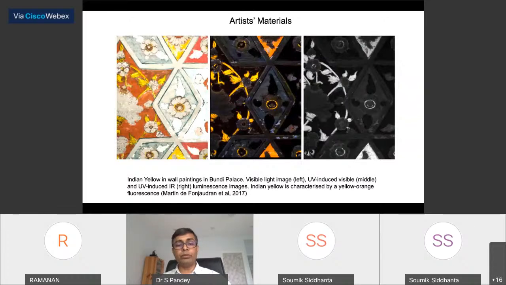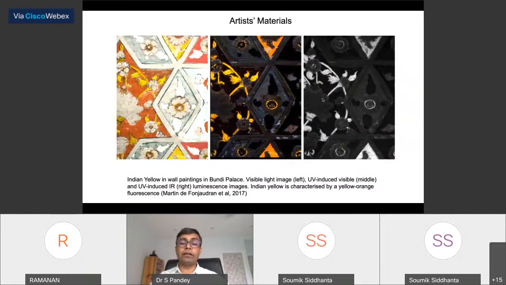It was illuminated with UV radiation between 280 and 370 nanometers, and the luminescence, which comes in the visible range, gives you bright yellow luminescence of Indian yellow. But in the IR range, they still fluoresce. They also give a bright fluorescence in the IR luminescence. It's a very peculiar property of Indian yellow.